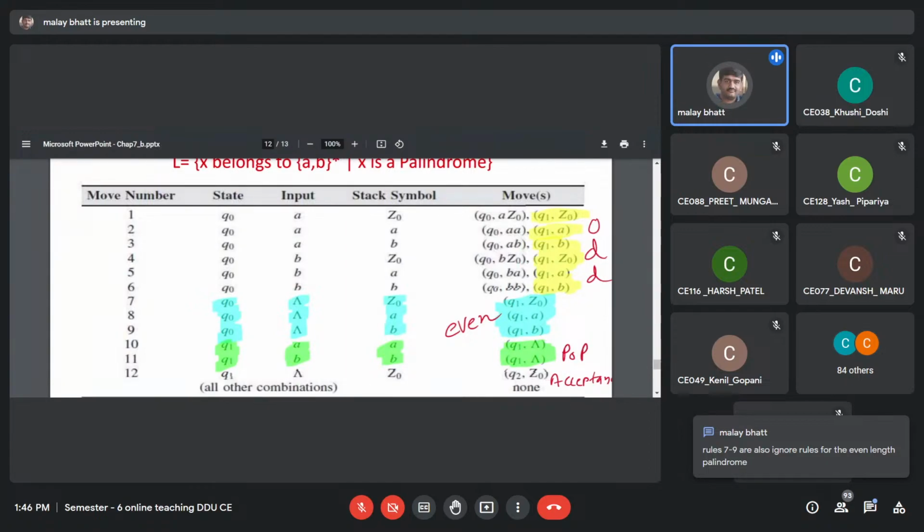So basically rules 7 to 9, 7, 8, 9. Q0 null, Z0. We are ignoring the null. Q0 is converted to Q1. So rules 7 to 9 are also ignore rules for the even length palindrome. Q0 null, Z0. It is Q1, Z0. It is a even length palindrome.